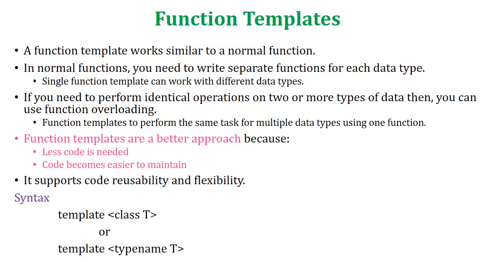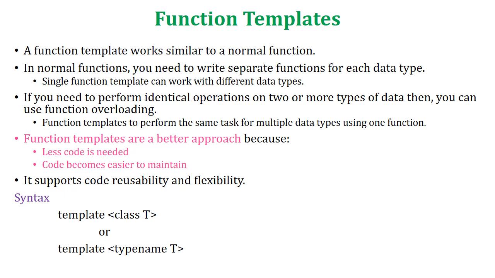First, we will start with the function template. The function template works similar to a normal function. In a normal function, you need to write a separate function for each data type. But in the function template, a single function is enough to work with different data types. If you need to perform the identical operation on two or more types of data, then you can use function overloading.